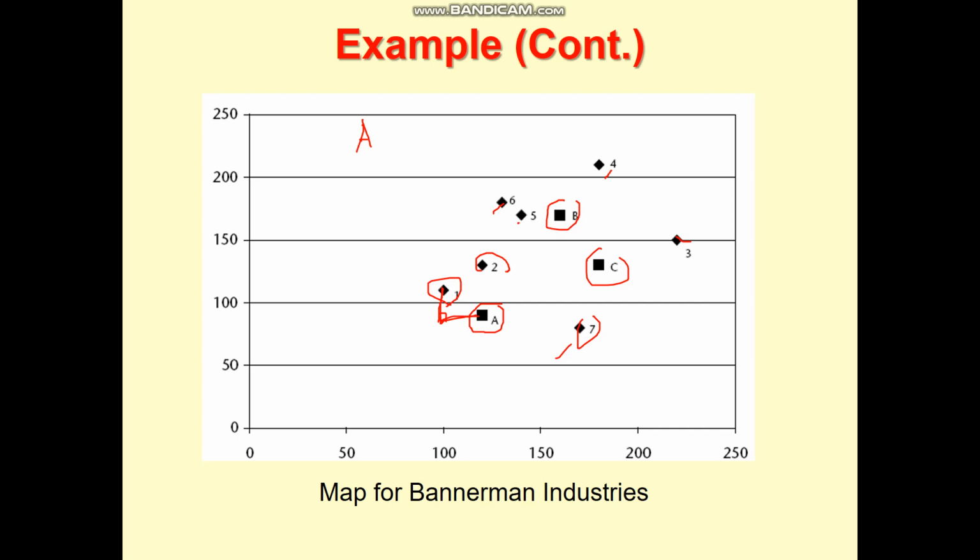That is equal to the absolute value of y1 minus ya, plus, from here to here, the absolute value of x1 minus xa.